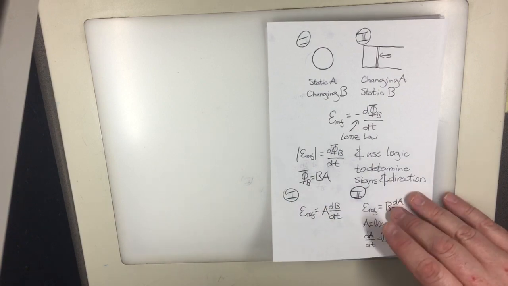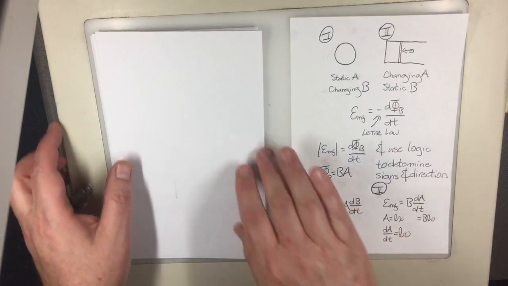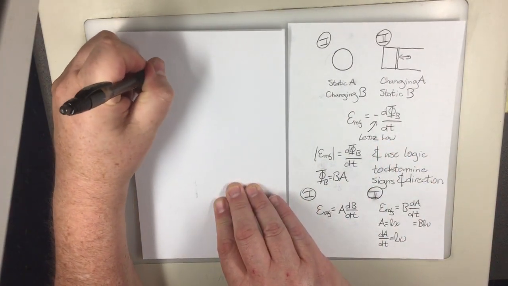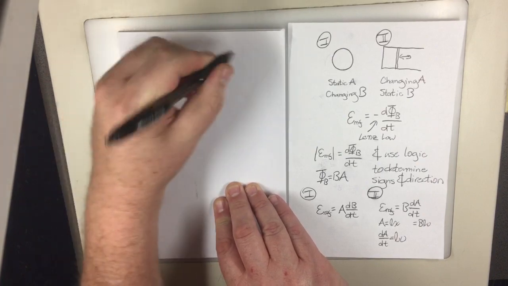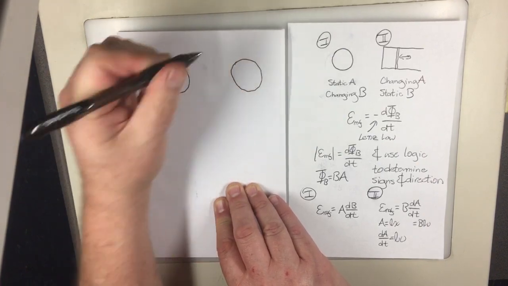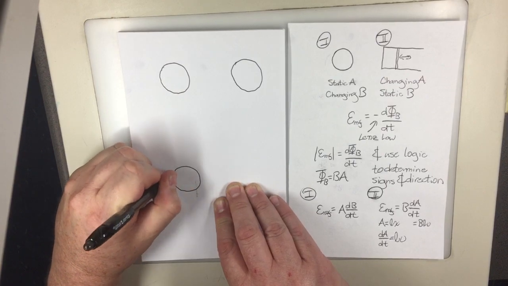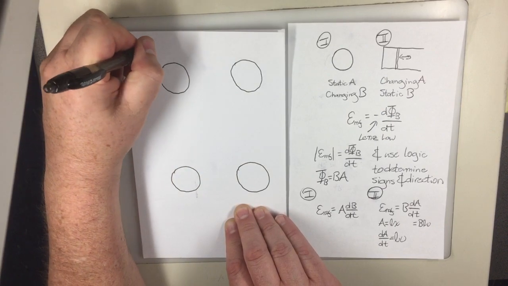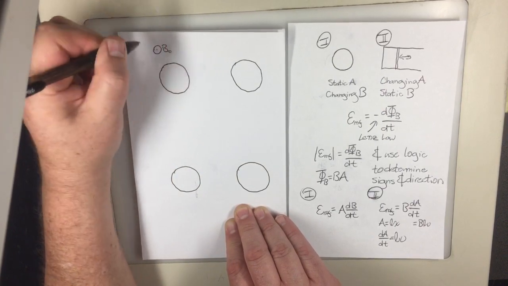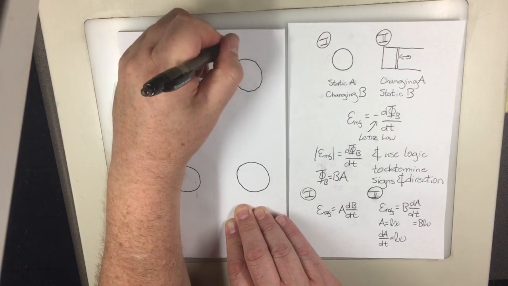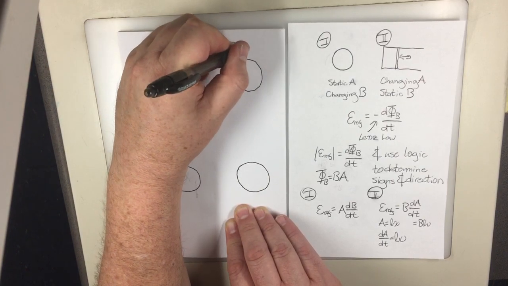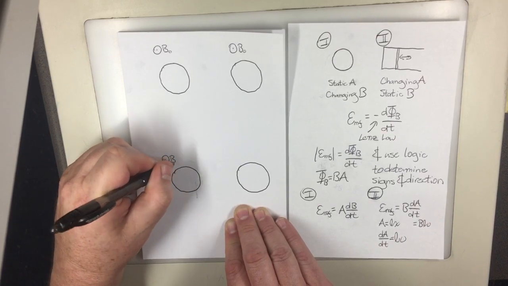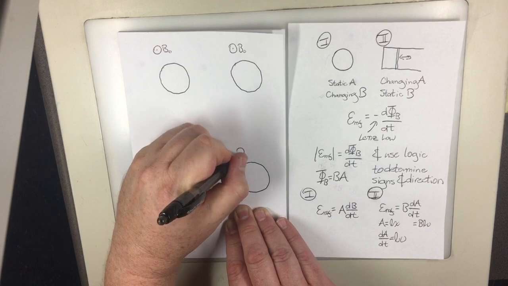The easiest one to think about is the circle. With the circle, here the initial B field is out. Here the initial B field is in.